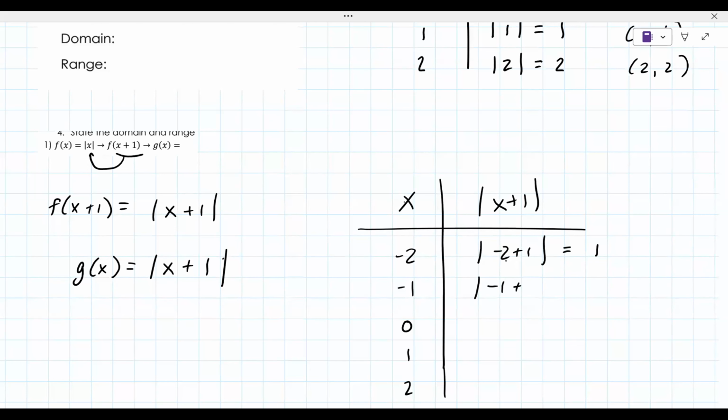How about this one? -1 plus 1 inside absolute value. What does that become? That would be 0, or absolute value of 0, which is 0. Okay. So it always returns 0 or positive. All right. So do the same thing for these next 3 values. Give me the output, please.